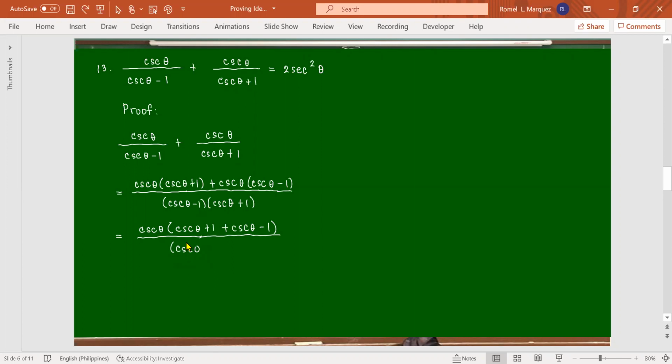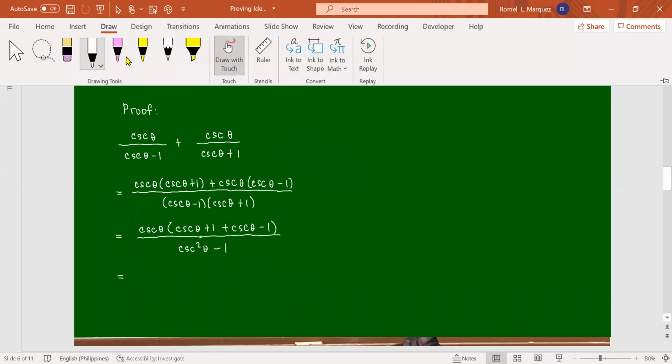Let me multiply this out. So what's the product? That is cosecant squared theta minus 1, a minus b, a plus b form. So I can now simplify this, getting 1 minus 1, 0.